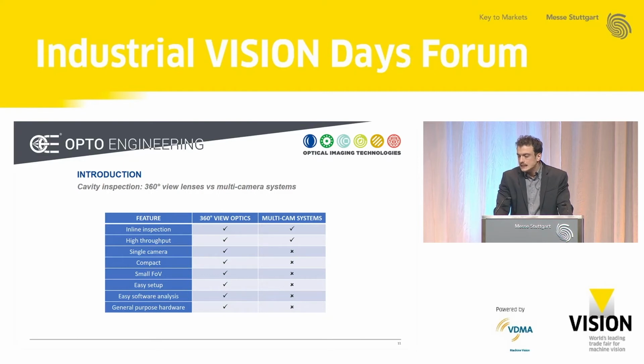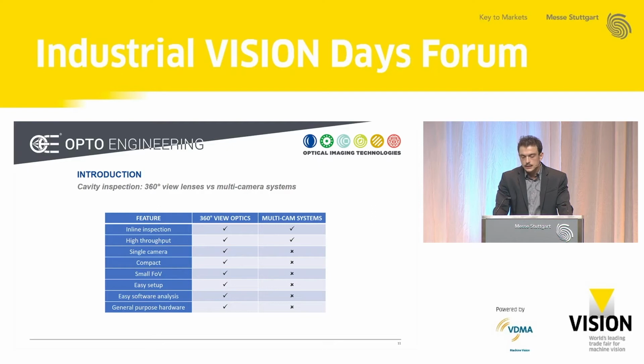In this table, you can see a quick comparison between the two possibilities. Even though both approaches are suitable for inline applications and they both grant high throughputs, the similarities end here. Because 360-degree view optics are meant to use a single camera.